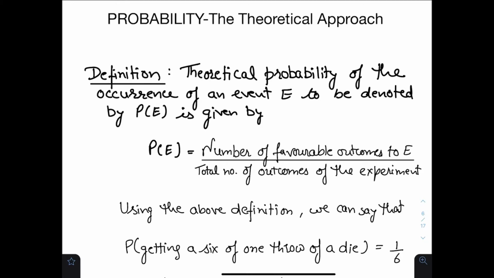Definition: the theoretical probability of the occurrence of an event E, denoted by P(E), is given by P(E) equal to number of favorable outcomes to E upon total number of outcomes of the experiment. Clear? So P(E) equal to number of favorable outcomes to E, where E is the event, upon total number of outcomes of the experiment.